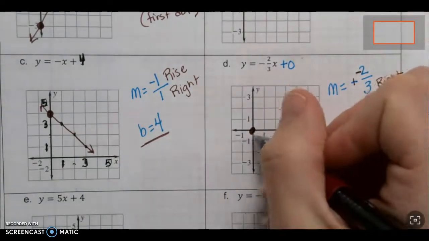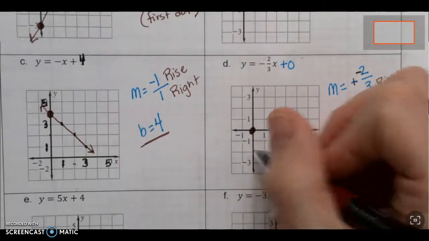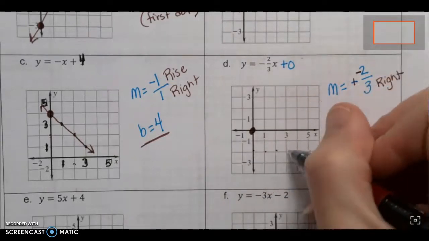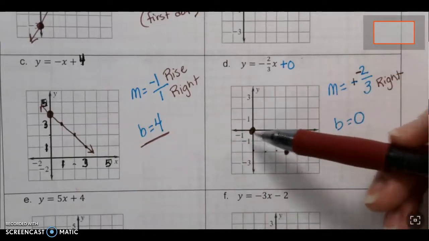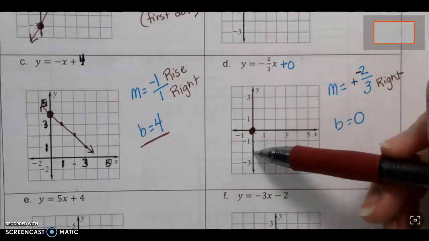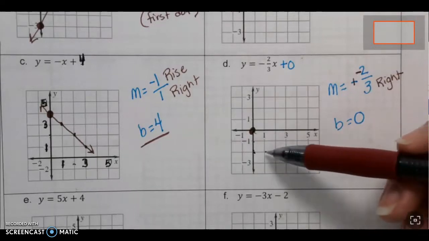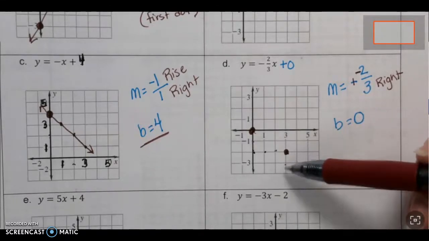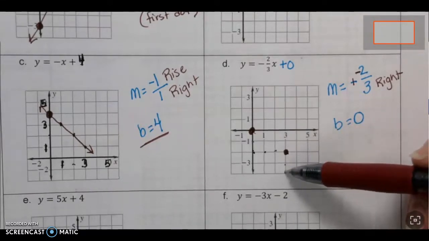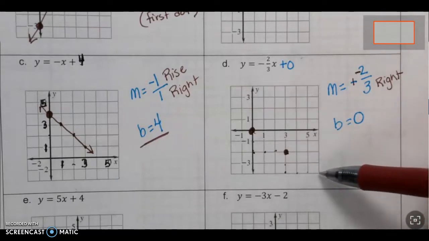So I'll go down 2, and then to the right 1, 2, 3. There will be my second dot. So again, let's count that. Down 2, stop, restart the numbering, to the right 1, 2, 3. I can do that again. Down 2, right 1, 2, 3.